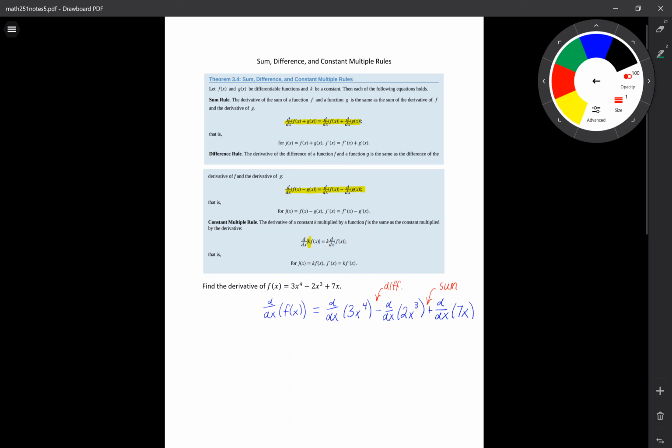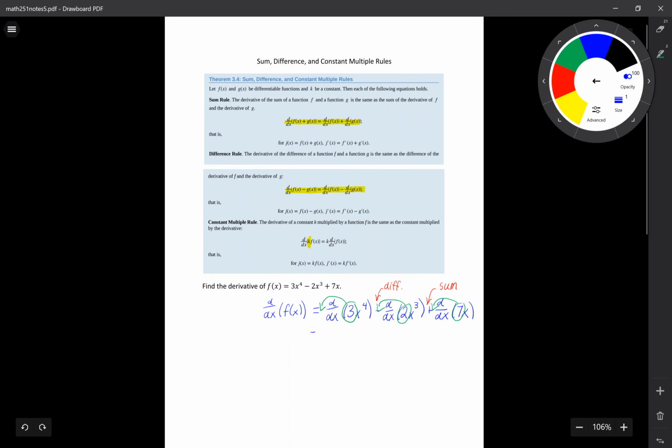The next thing I'm going to do is bring all of our constants out. So we have a lot of constants to bring out. I'm going to move this 3 out to the front, and I'm going to move this 2 out to the front, and I'm going to move this 7 out to the front.